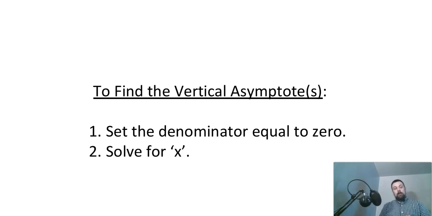This should sound familiar, because this is what we were just doing to find the domain of these rational functions. The restrictions to the domain are what cause the vertical asymptotes to exist. If x is not allowed to equal 5, then there will be a vertical asymptote in the graph at x equals 5. So finding the domain and finding the vertical asymptotes is the same process. All right, so that's how we'll find the vertical asymptotes.